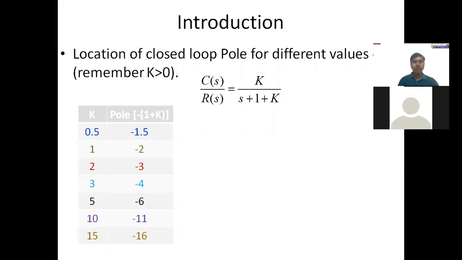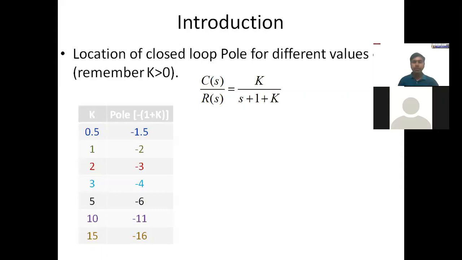Therefore, to discuss the stability of a system, the pole locations, the path of the roots or poles, are very important. If you want to know the pole locations of this system, K by s plus 1 plus K, we have to vary the K gain value from 0 to infinity.